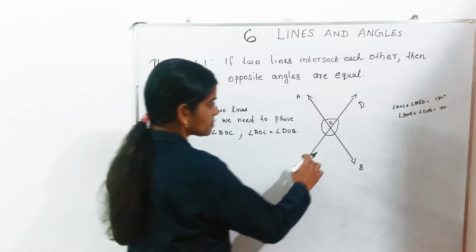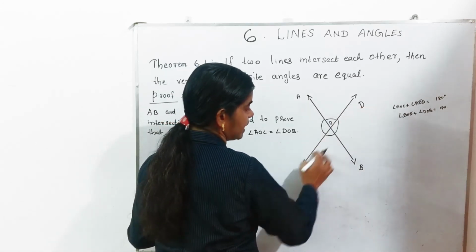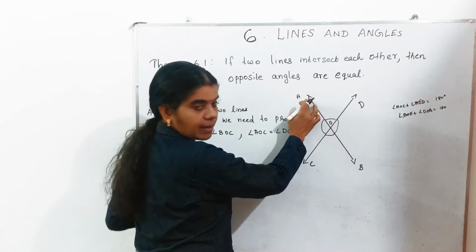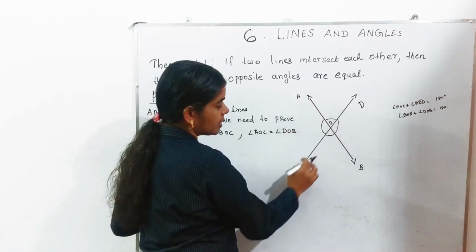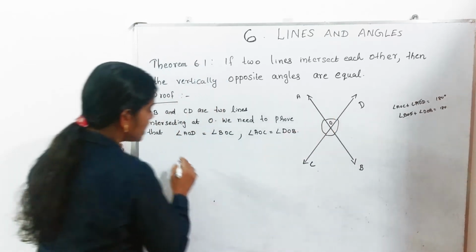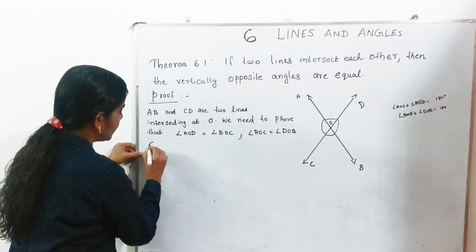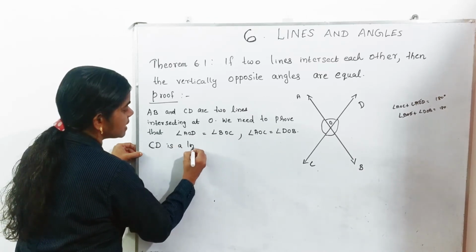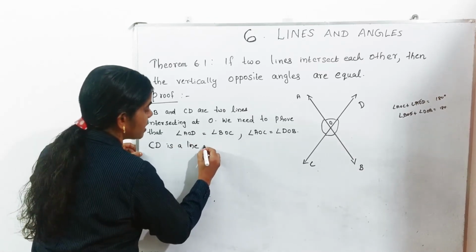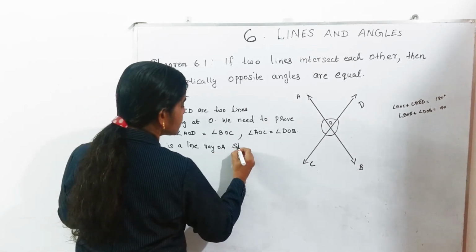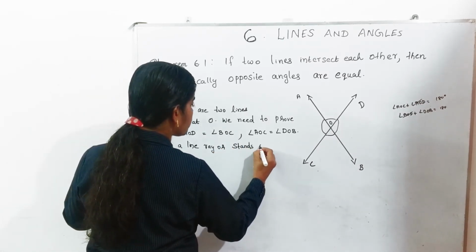Just look, I am taking this line CD. In that line CD, OA is the ray. Then what do we want to write? Any line you can take. I am taking this: CD is a line, and ray OA stands on it.